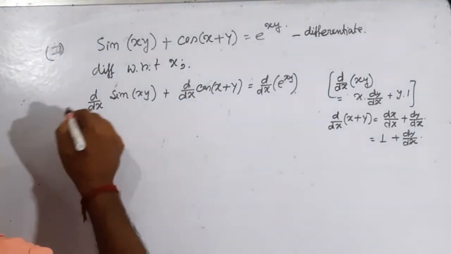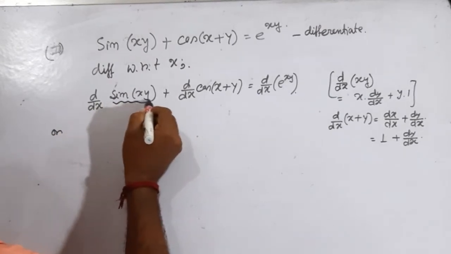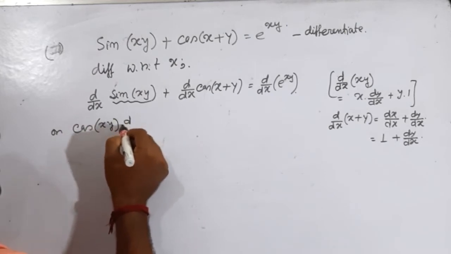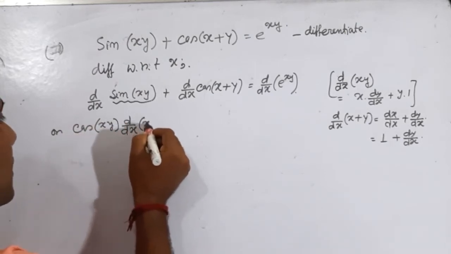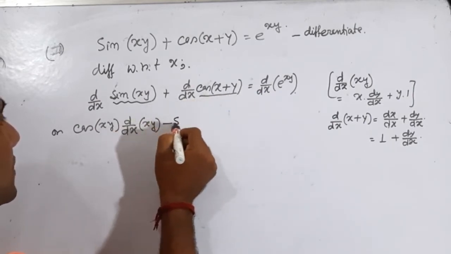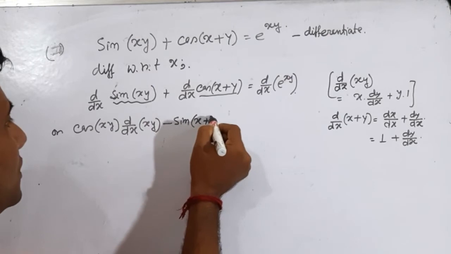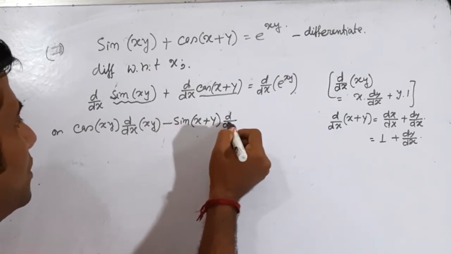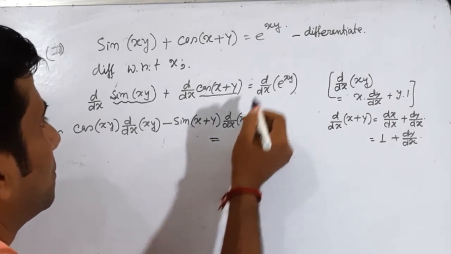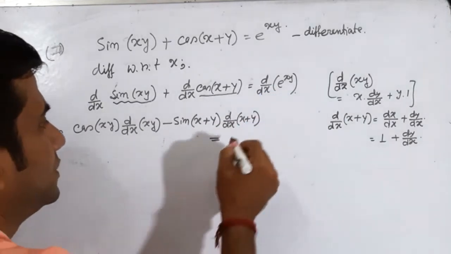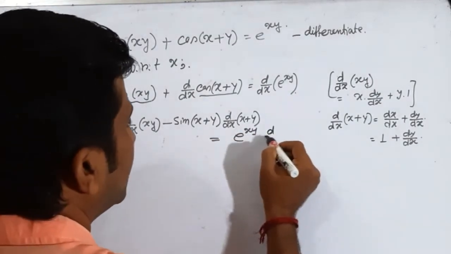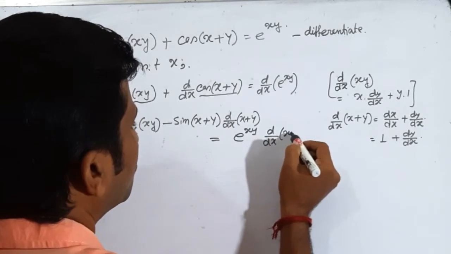Then this is equal to differentiating of sin, we get cos xy into d/dx of xy, plus minus sin of x plus y into d/dx of x plus y, is equal to e to the power xy. Differentiating of e to the power xy is e to the power xy and d/dx of xy.